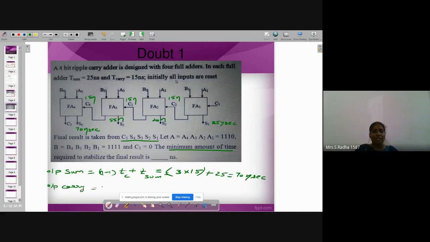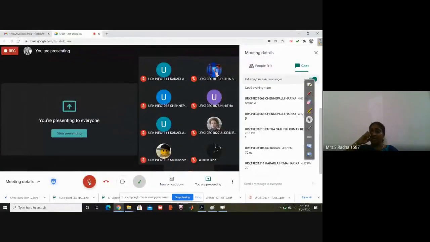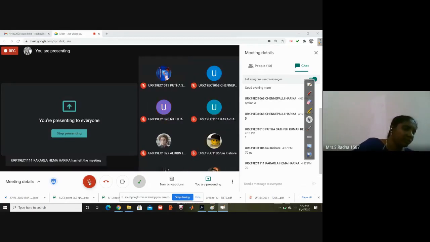And the output carry. The formula is n times the carry time.